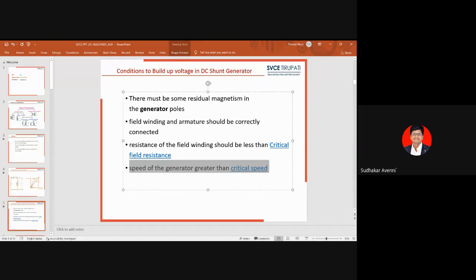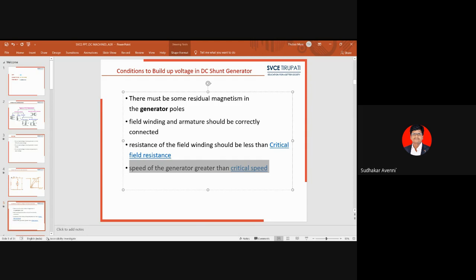Also, the resistance of the field winding may be more than the critical field resistance; if it builds up, the resistance is less than the critical field resistance.